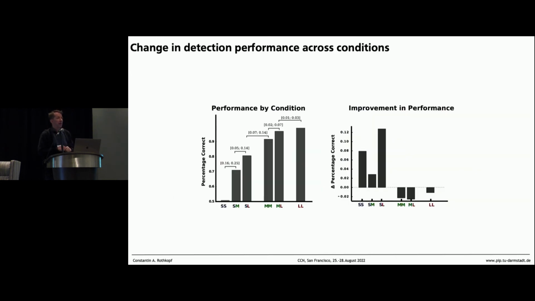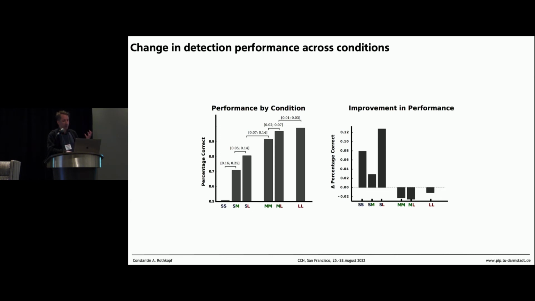Well, we can look at the behavior a little bit more closely in terms of performance, and funny things happen here. So what you can see here is that for the easier conditions of medium-medium, medium-long, and long-long, people get worse over trials within a block. So that's funny.